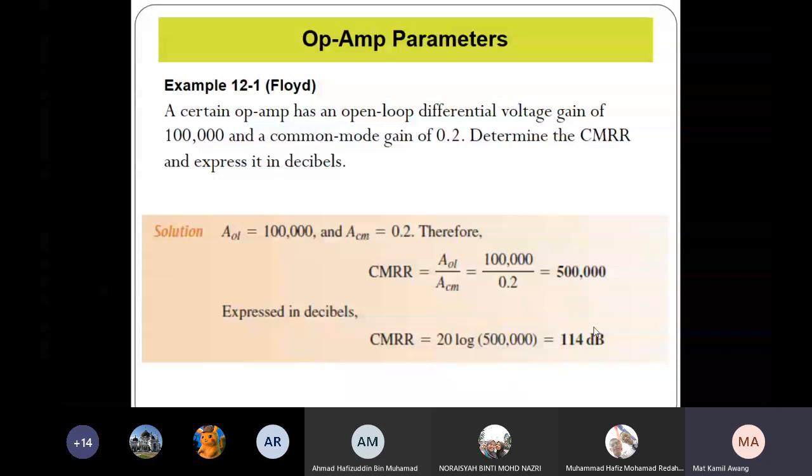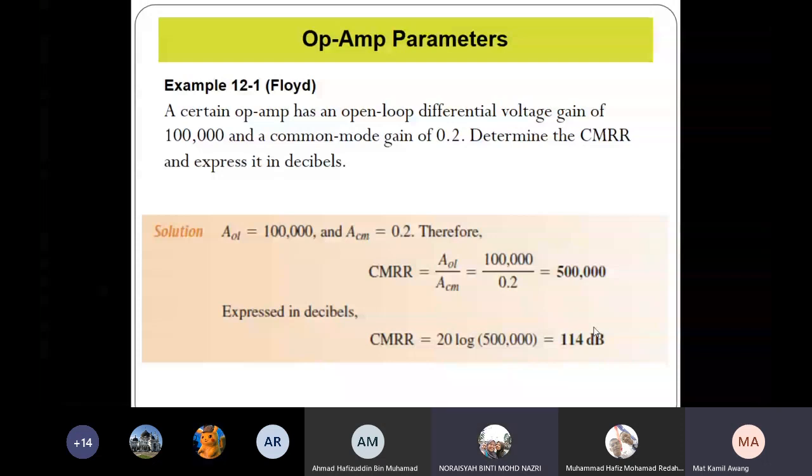Therefore CMRR is equal to 100,000 divided by 0.2, which is 500,000, right? Yes, sir. If you want to express it in decibels, you take the log of 500,000 multiplied by 20. So the value is about 114 dB.